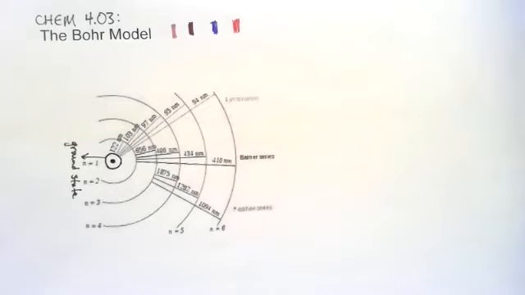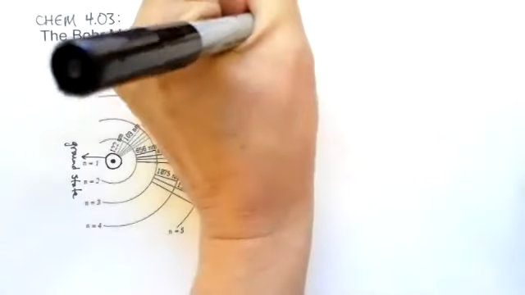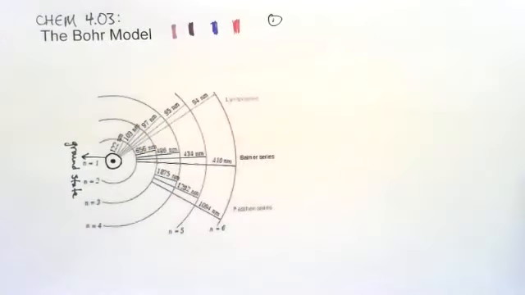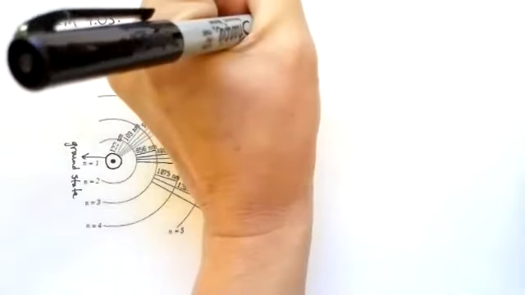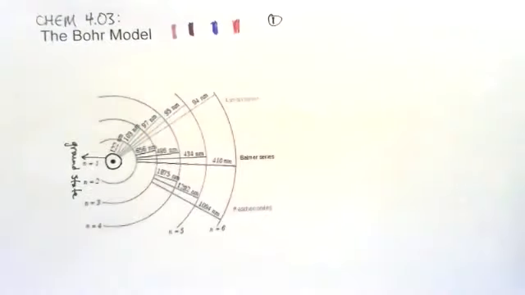So in the last video, we said that Bohr figured out that the electrons existed outside the nucleus at fixed distances. Let's recap. How do I sum that up?